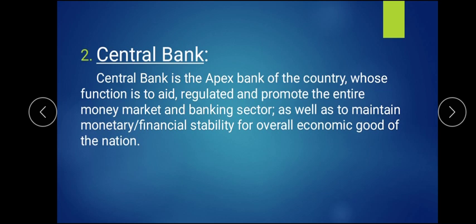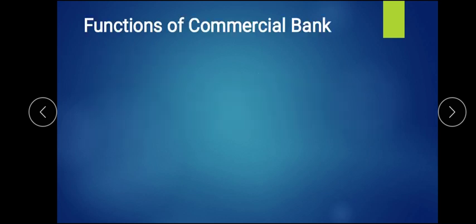So this is how the classification of banks has been done, that is, commercial bank and central bank. Now there are certain functions of a commercial bank. Let's understand. There are two types of functions, primary functions and secondary functions, but we are going to learn this in the next topic.